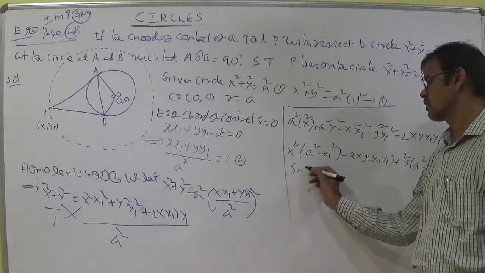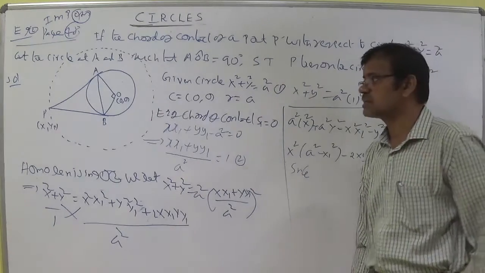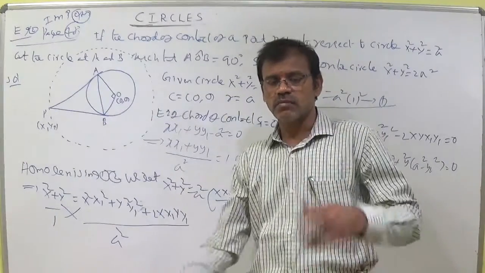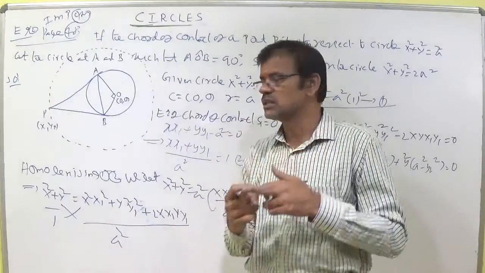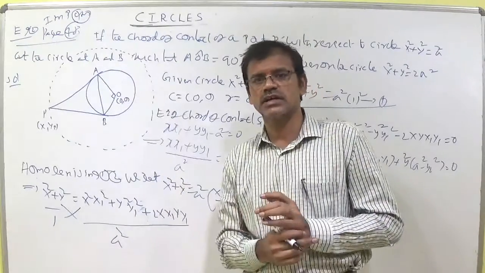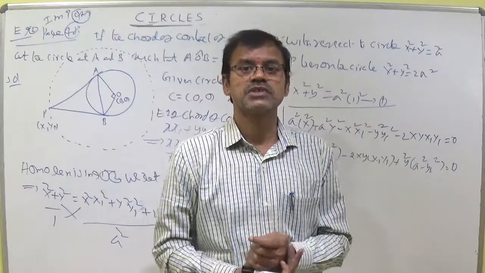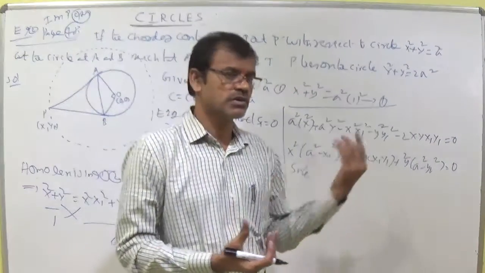Whenever the lines joining the points of intersection of a curve and a line to the origin make an angle of 90 degrees, the coefficient of x² plus the coefficient of y² is equal to 0 in the pair of straight lines ax² + 2hxy + by² = 0.